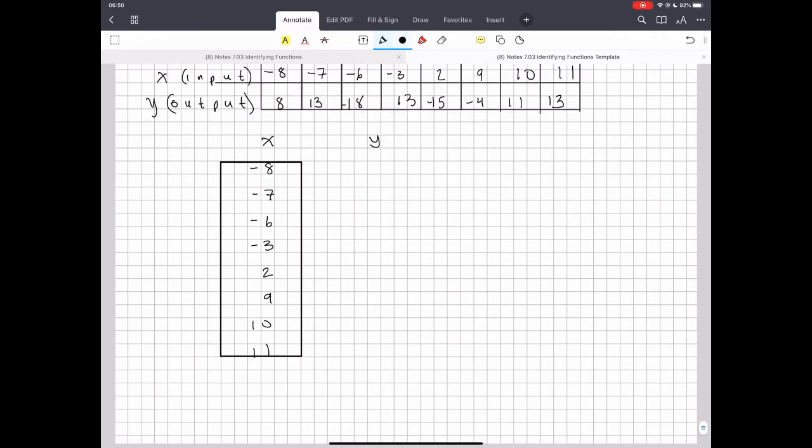So the least is -18. Then -15. Then -4. Then it looks like we have 8, 11, and 13 appears 3 times, but I only have to enter it once.